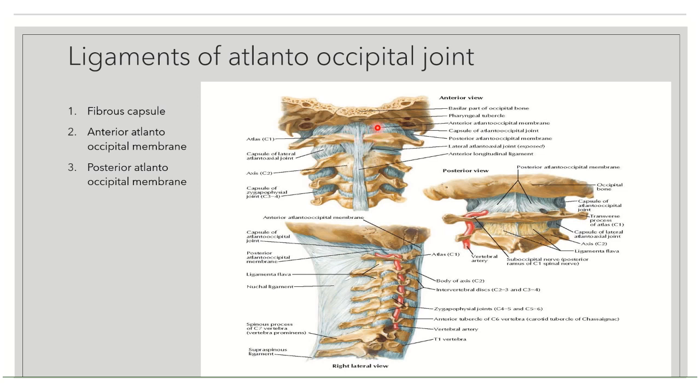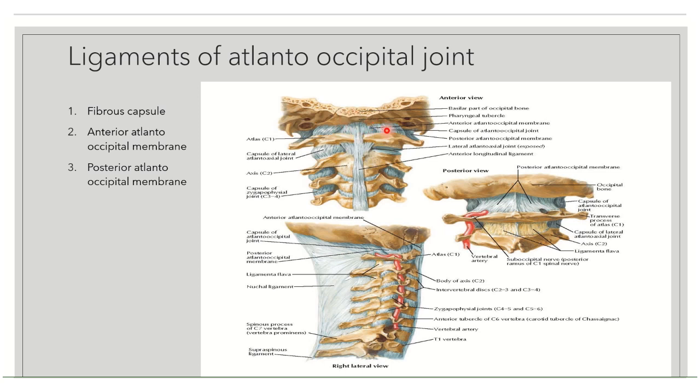Laterally it merges with the fibrous capsule, and anteriorly it is strengthened by the anterior longitudinal ligament. It is present anterior to the cervical vertebrae and attached on the anterior aspect of the bodies of the cervical vertebrae. So it strengthens this anterior atlanto-occipital membrane.